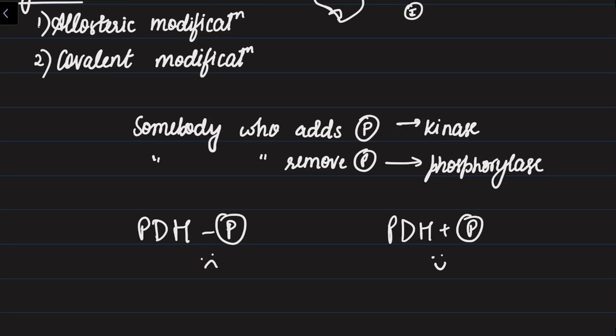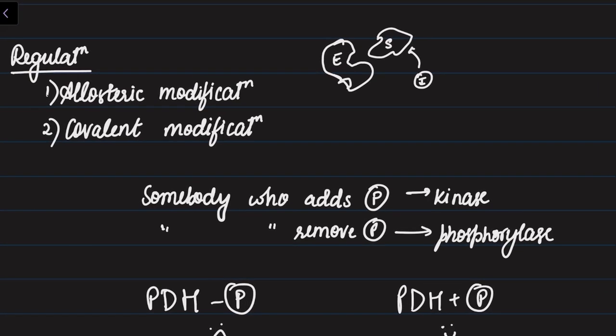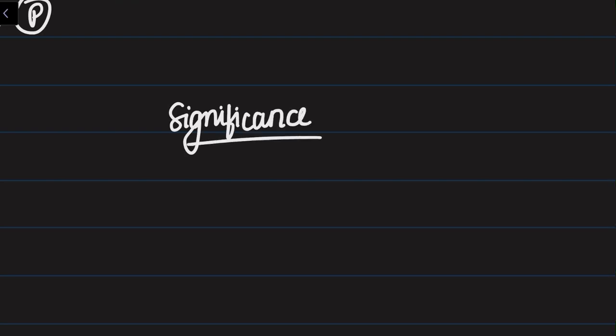So whenever we have too much of PDH activity, it will get regulated by phosphorylating the enzyme. That's what covalent modification means. So we have two types of regulation, allosteric and covalent modification. Now, I swear this is the last thing. Significance. What is the significance of this PDH reaction?